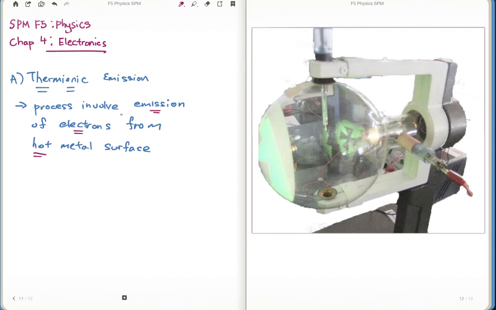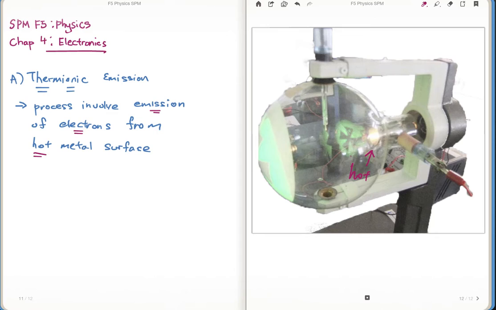Hot surface meaning the surface here, as it is heated up, has to be hot, giving sufficient energy for the electron to be released from the surface, and then subjected to high potential and acceleration.